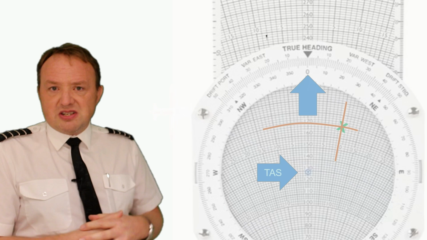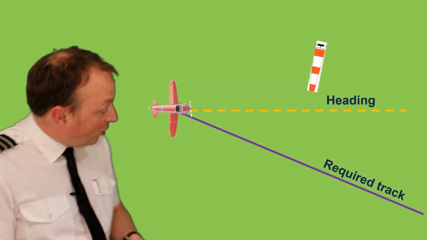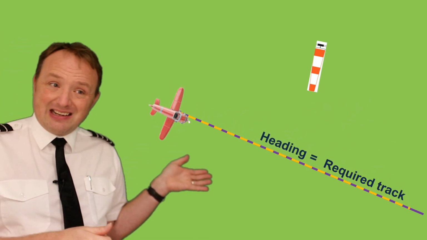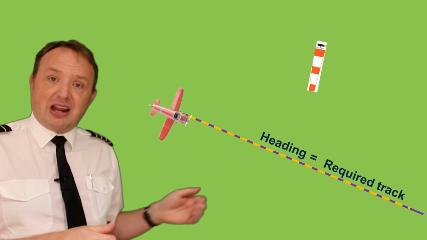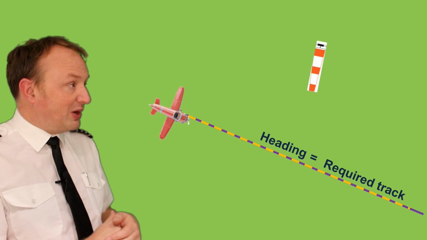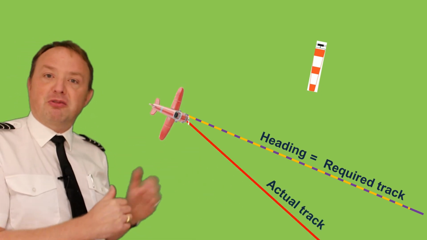What we're going to use is a technique called balancing the drift. Essentially, we turn the aircraft so that its heading is the same as its track. Now we know that the aircraft will not maintain that track because the wind is not a complete head or tailwind. It is going to be blown off course.